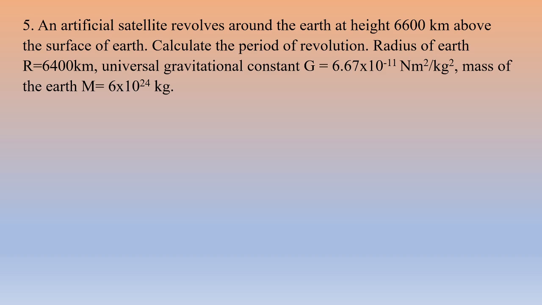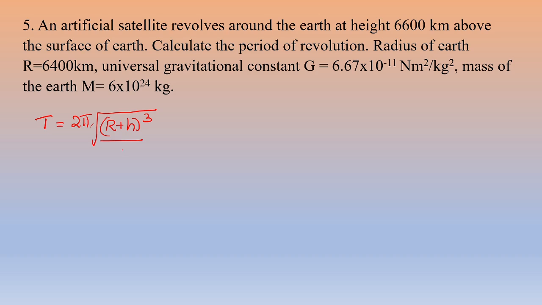So we know the expression for the period of revolution of the satellite, that is capital T is equal to 2 pi into square root of (R plus H) whole cube divided by capital GM or small g R square.